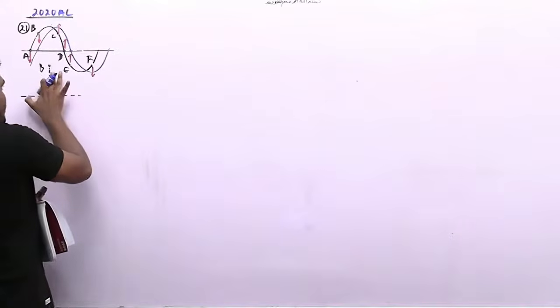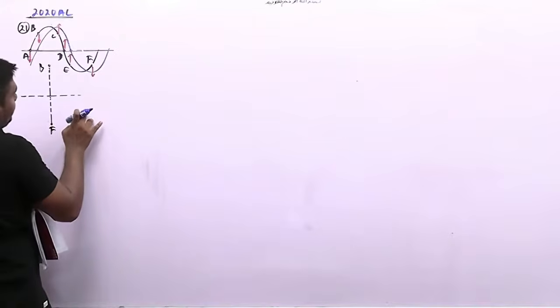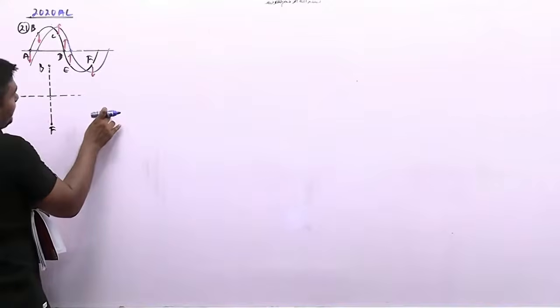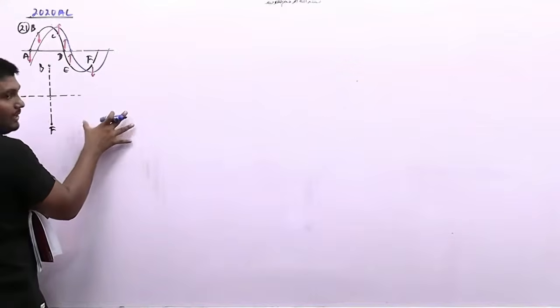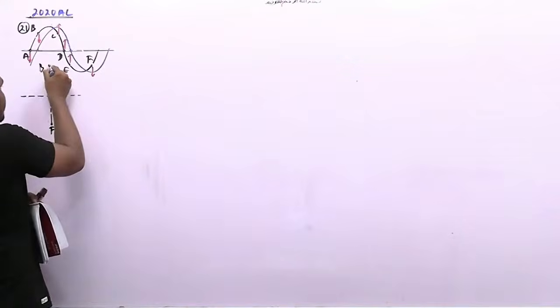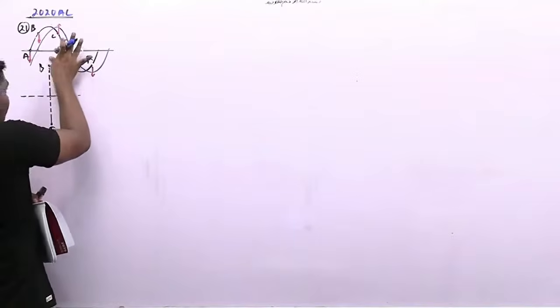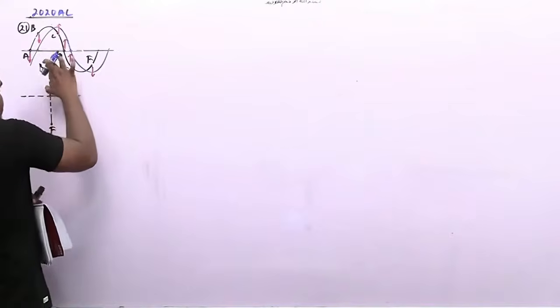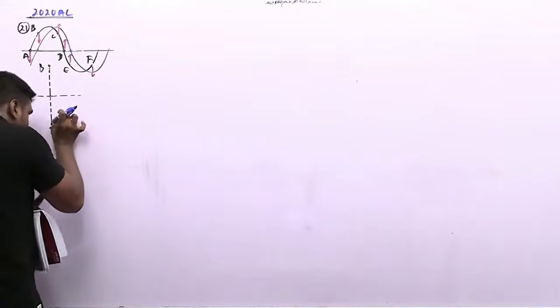You can use the equation also: v squared equals omega squared times (capital A squared minus x squared). That equation you can apply. Same displacements mean the same magnitude of velocity.